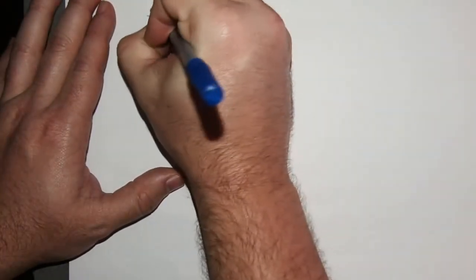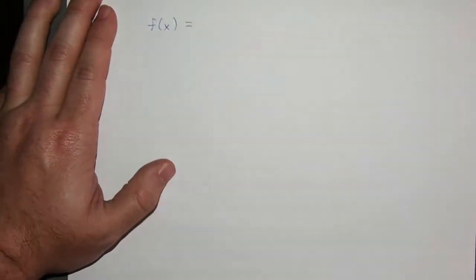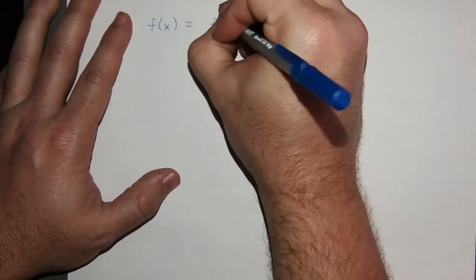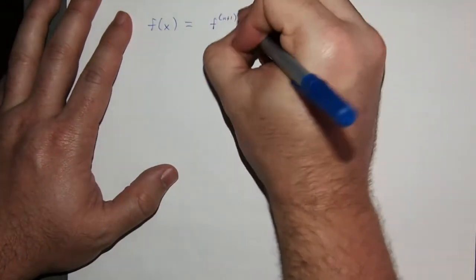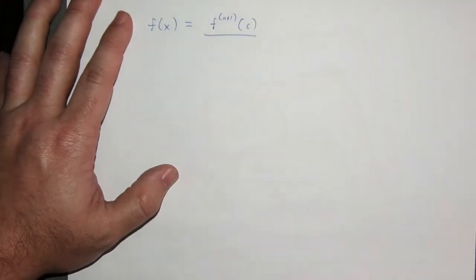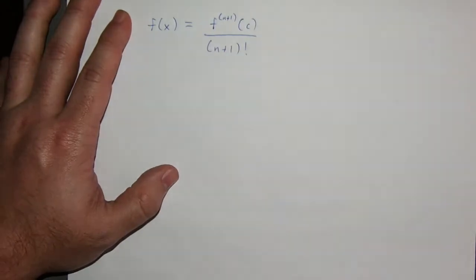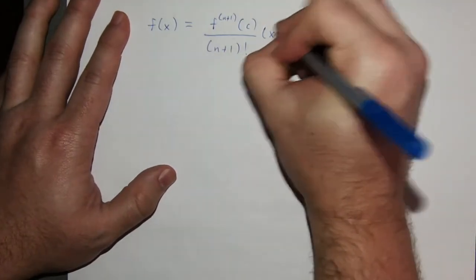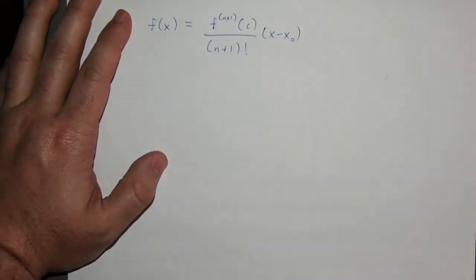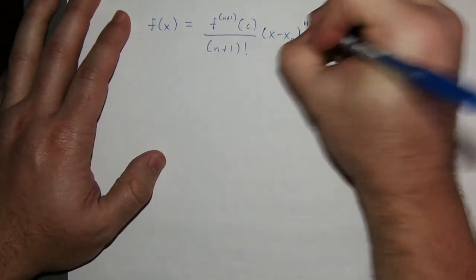So at which what is true? At which f of x is equal to the n plus first derivative of f at c over n plus 1 factorial times x minus x naught to the n.